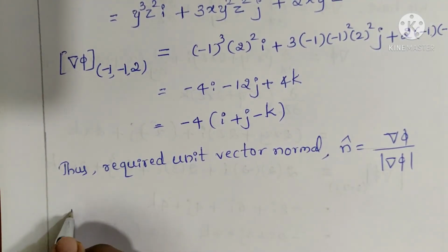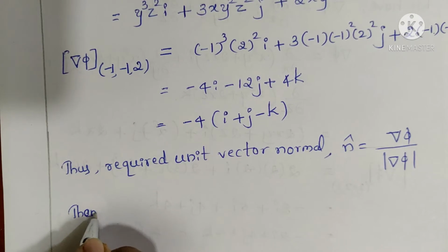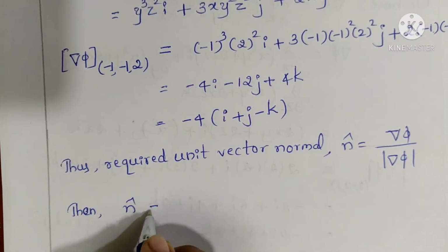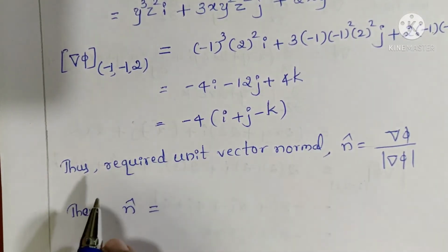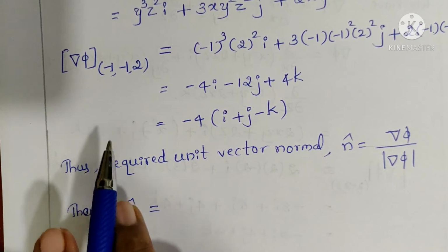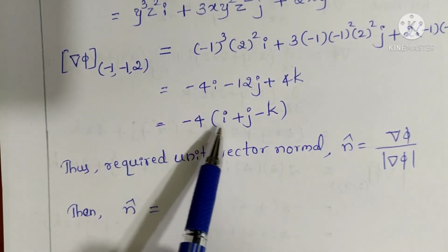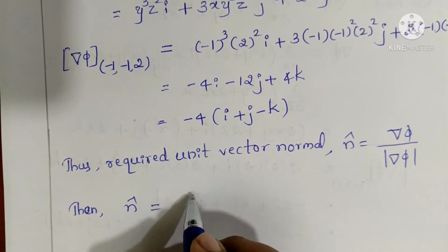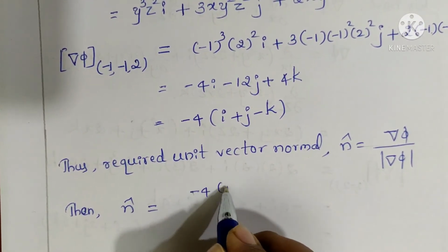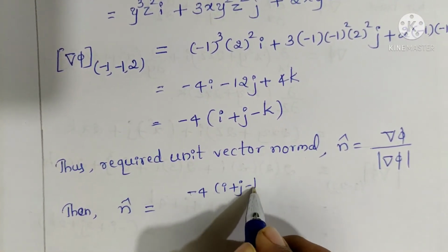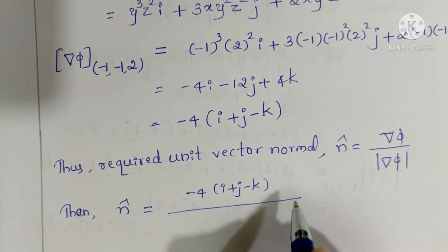So then n cap is equal to, what is del phi? Del phi at these points is minus 4 into i plus 3j minus k. So it is minus 4 into i plus 3j minus k whole divided by its magnitude.